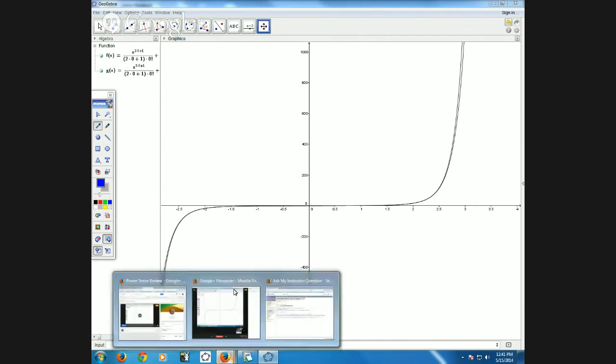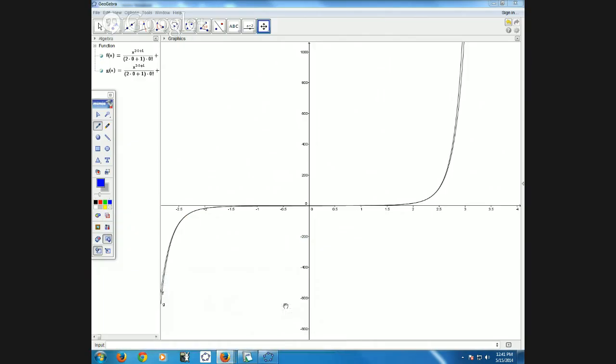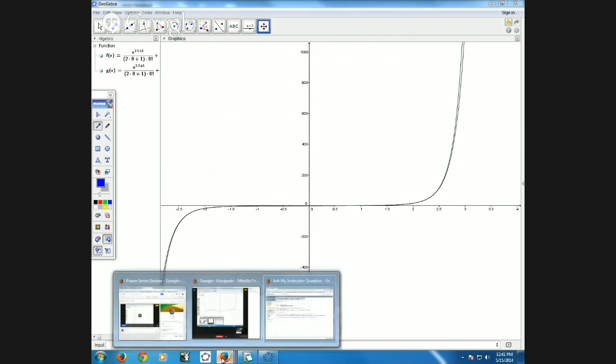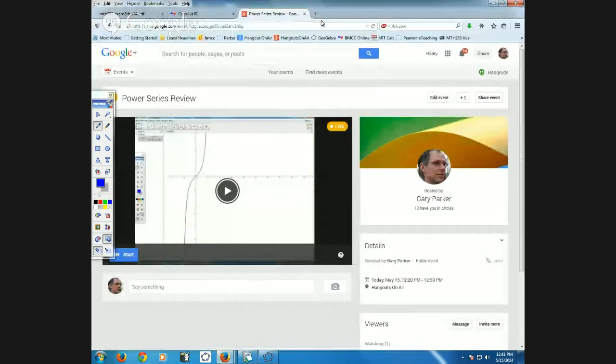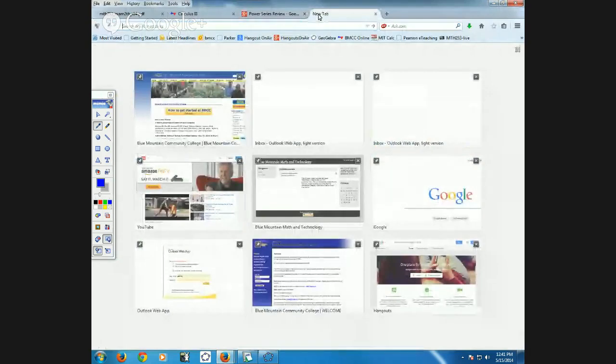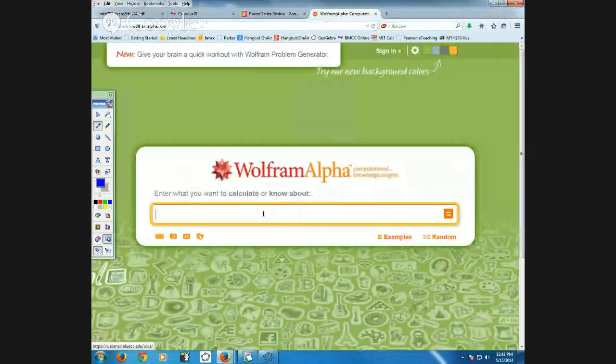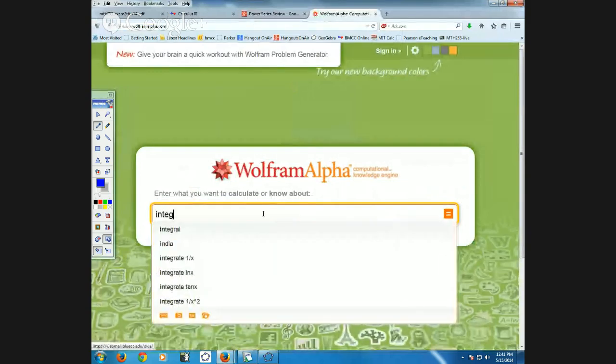Just for fun, I'm going to ask Wolfram Alpha what it thinks. I'm going to give it the original one: the integral of e raised to the power x squared.